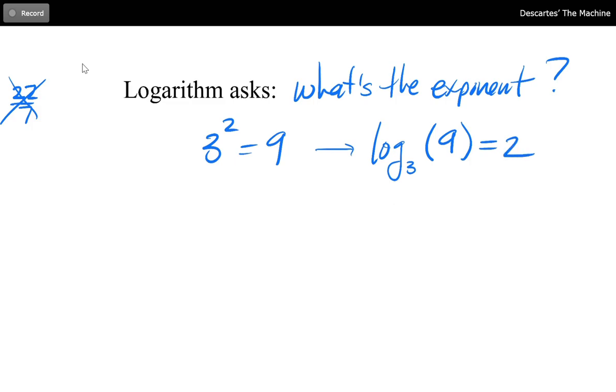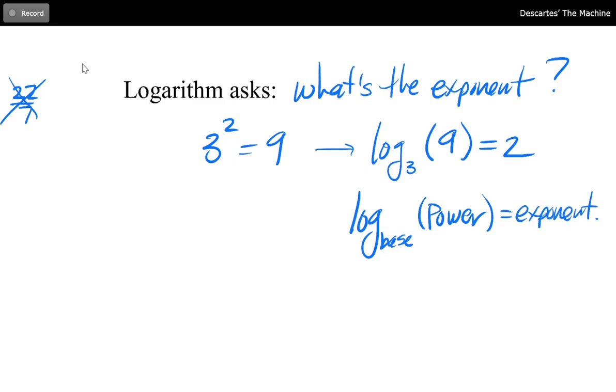What's the exponent on 3 that gives me 9? So this becomes log, the base goes down here below as a subscript, the power goes there, and I always put parentheses around my power, and that equals the exponent. Okay, so a logarithm asks what's the exponent.